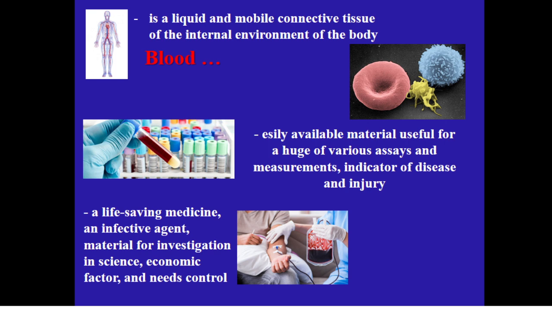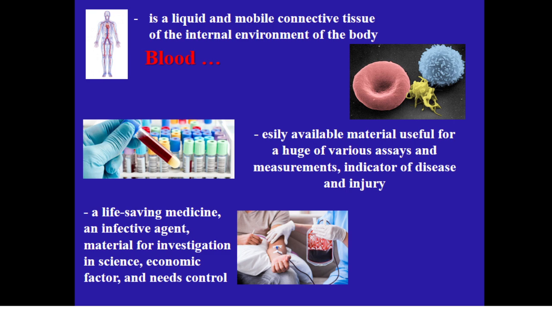Blood is a life-saving medicine, but also an infective agent. Also, don't forget about transmissible diseases. This is material for investigation in science and, of course, an economic factor, because it can save a life and it can bring death. So we need to control the blood of people and the blood that we are taking from people to save lives.